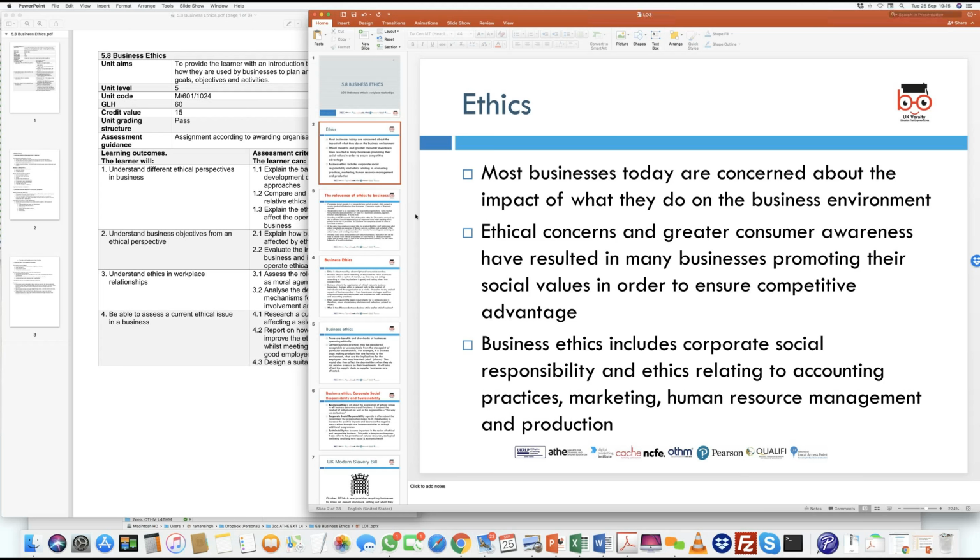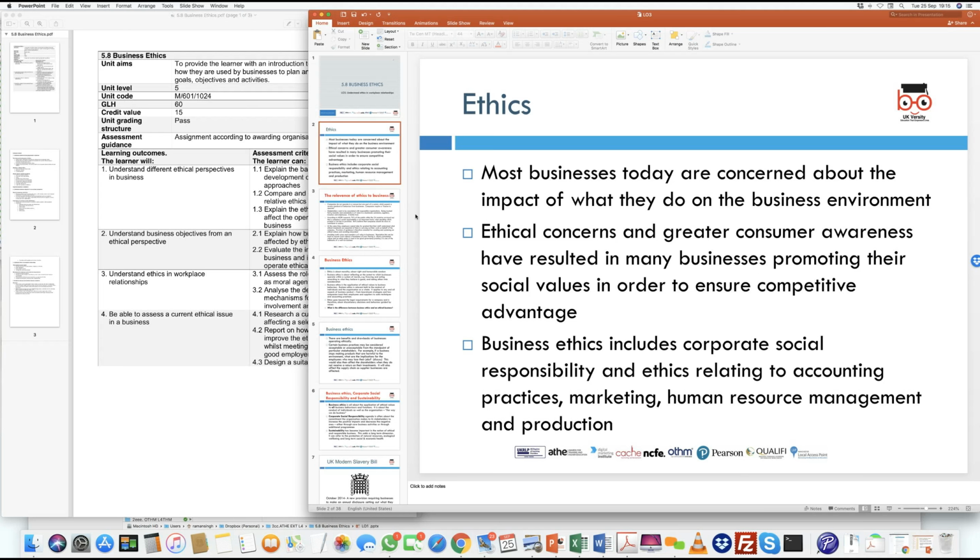So most businesses today, which are large-scale organizations present across the globe and selling services globally, are more concerned about their image in terms of how their activities affect the business environment.